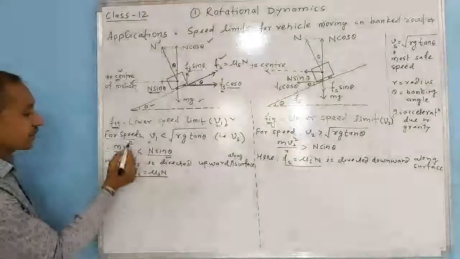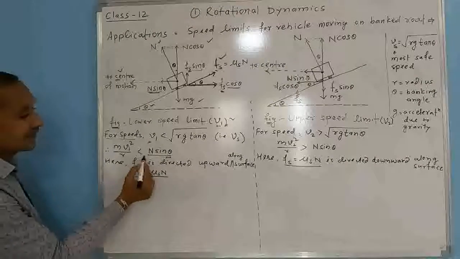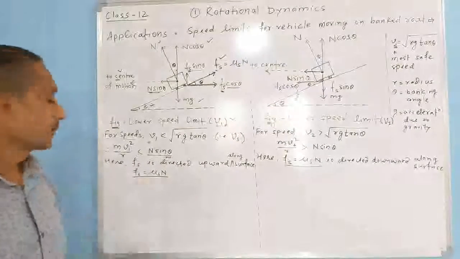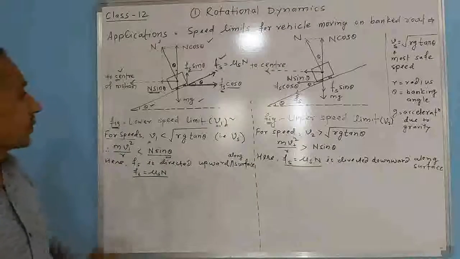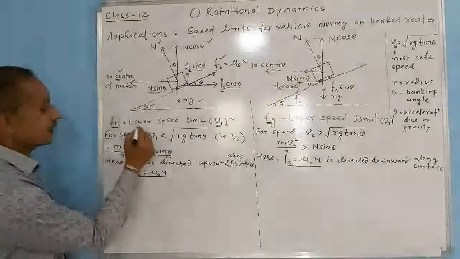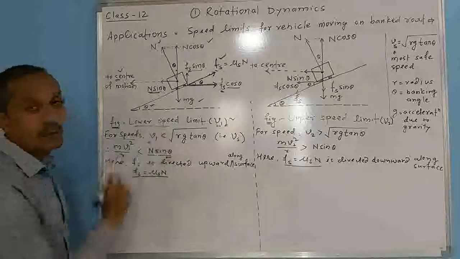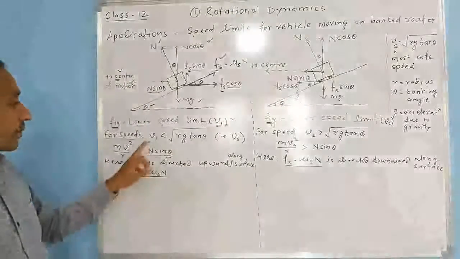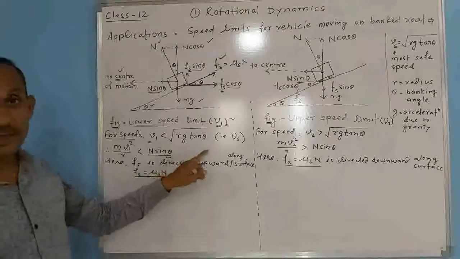So mv1 squared divided by r is less than n sin theta. This is the situation when the vehicle is moving with lower speed, so we can write v1 is smaller than the square root of rg tan theta.